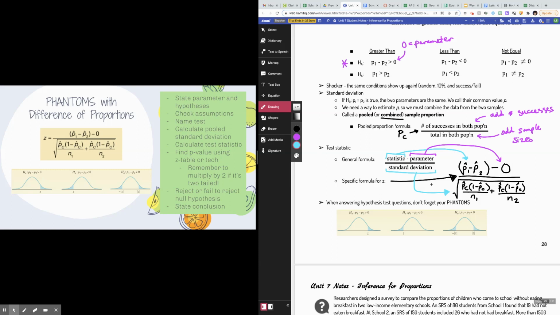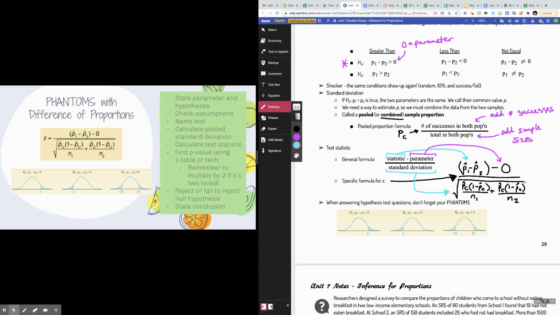So we're still going to follow our 8 steps, our acronym, the PHANTOMS, where you start with the parameter, write your hypotheses, check the assumptions for each population, name the test, calculate the test statistic using this very fanciful formula right here, find your p-value, because once you have your test statistic, you're going to do everything else exactly the same.